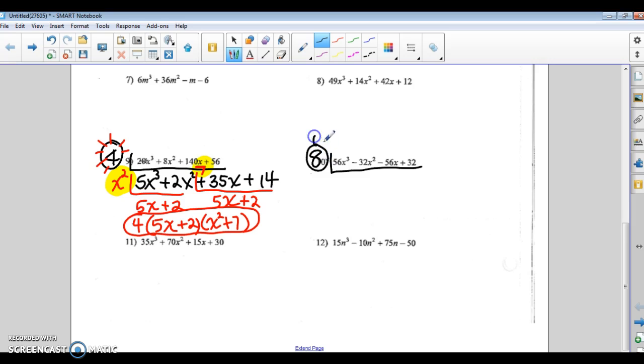So I'm going to divide: 56 divided by 8 is 7x cubed minus 4x squared minus 7x plus 4.